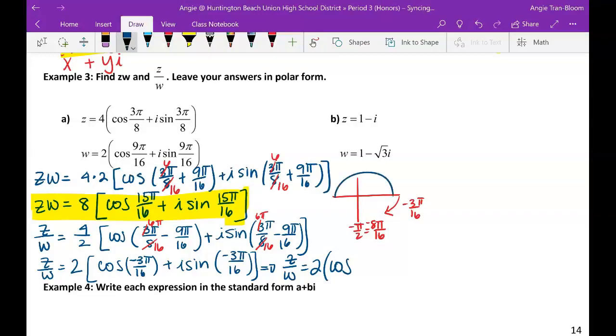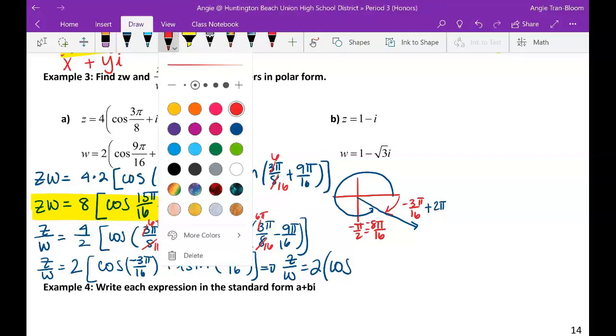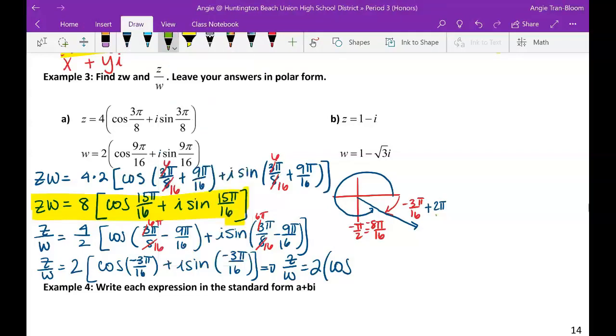Because we define it as a positive angle, here's what we need. Would you agree that I can take my negative angle and add a positive 2 pi? Positive 2 pi, with a common denominator of 16, is 32 pi over 16. So negative 3 pi plus 32 pi, now you are at a positive 29 pi over 16.